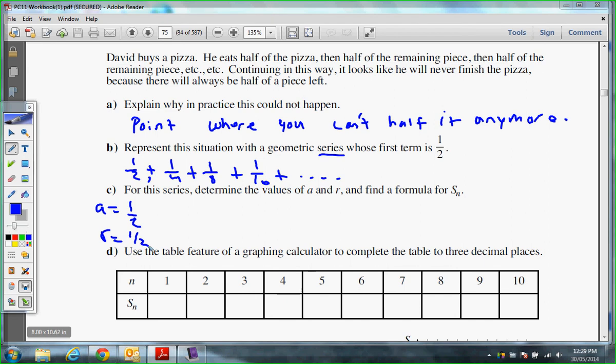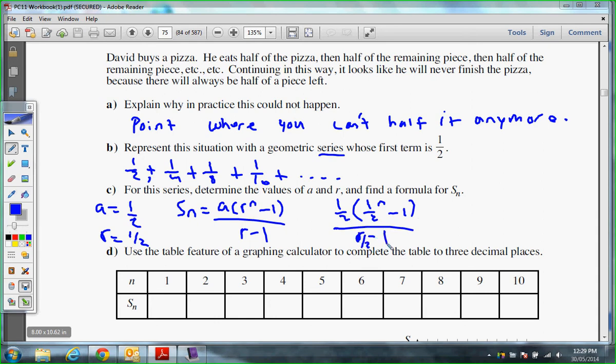And if I went ahead and used my series formula of A times R to the n minus 1 all over R minus 1, and then I plugged in the stuff I have, I would have 1/2 times 1/2 to the n minus 1 over 1/2 minus 1. And with that, I'm just going to skip to where it simplifies to. If you simplify that, it's going to come to 1 minus 1/2 to the n.